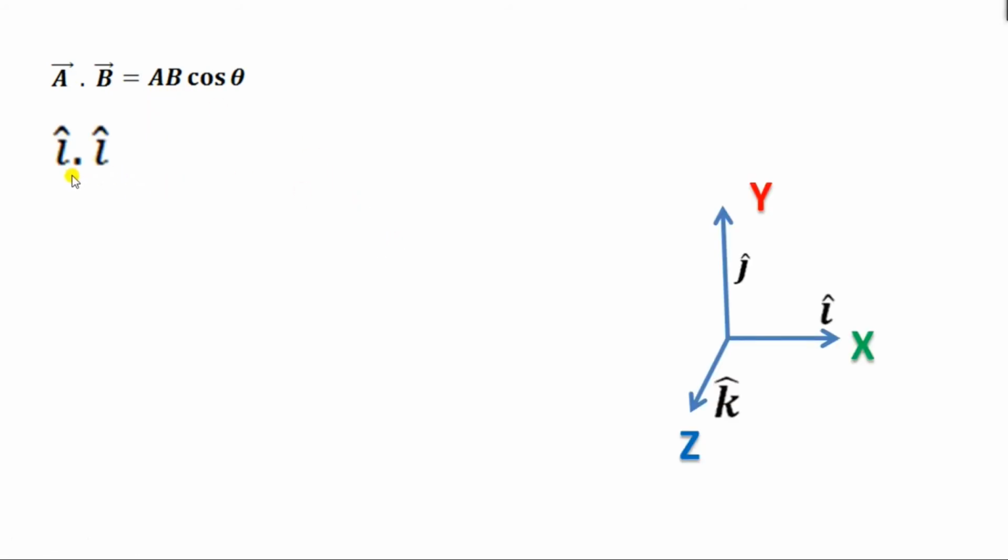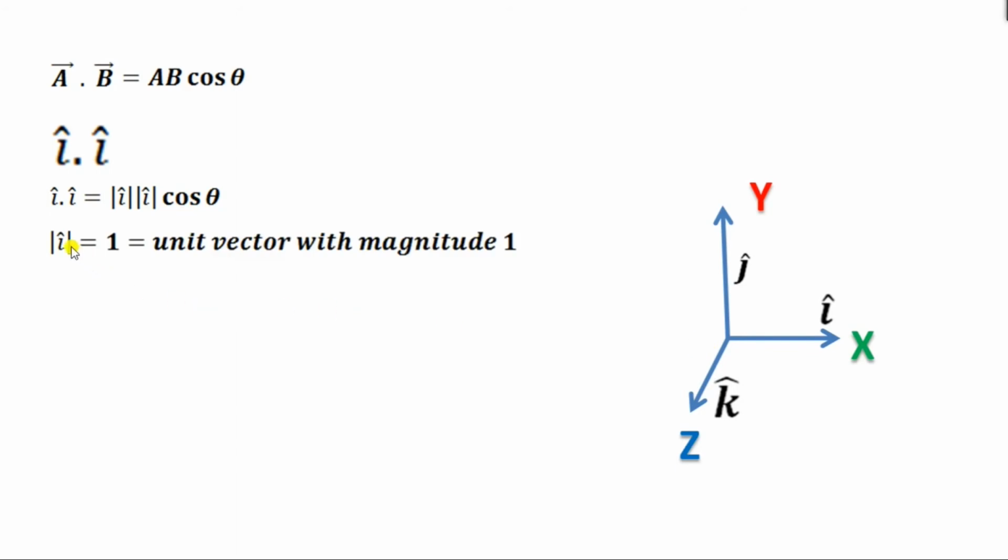Now we will find the product of I dot I. I cap means a unit vector along the x-axis, and unit vector means a vector with magnitude 1. So for I dot I, using this formula I can write magnitude of I into magnitude of I into cos theta, and magnitude of I is 1 because I cap is a unit vector.